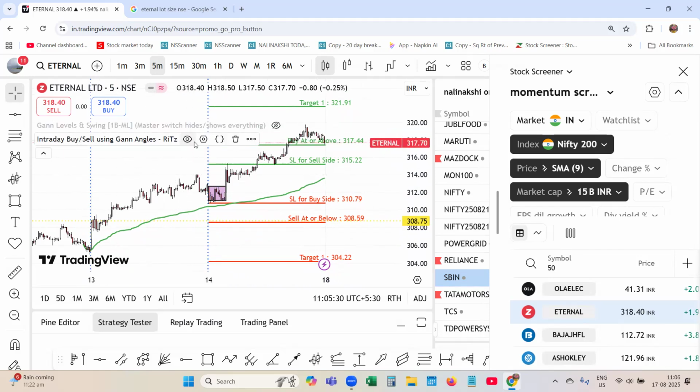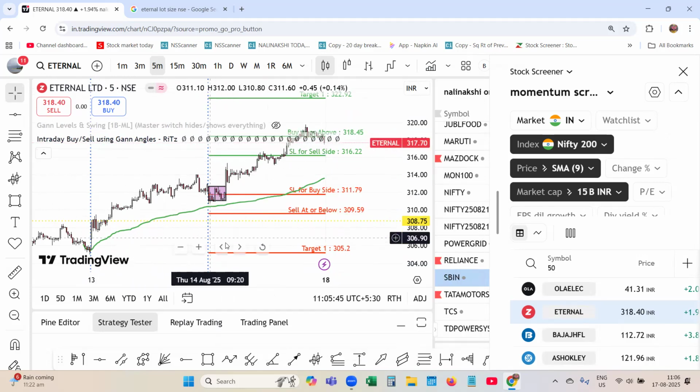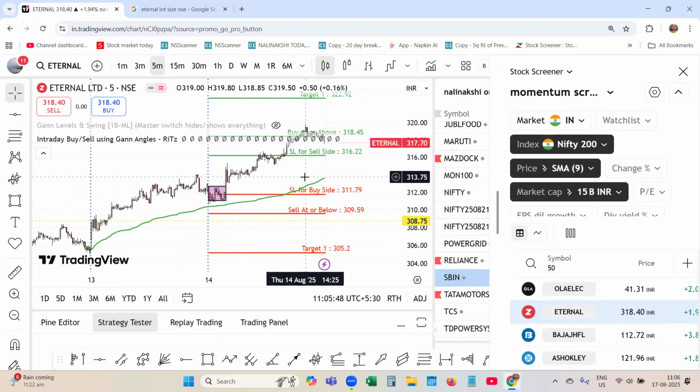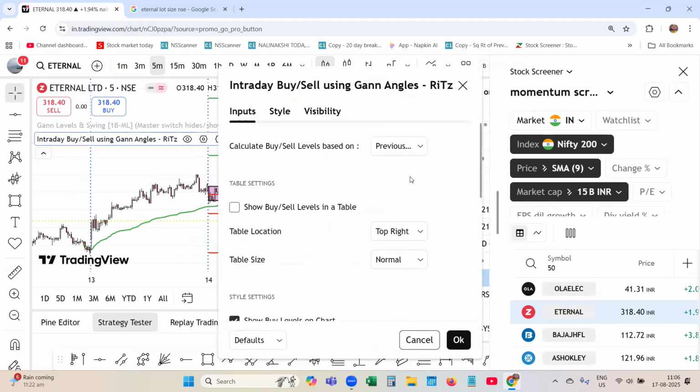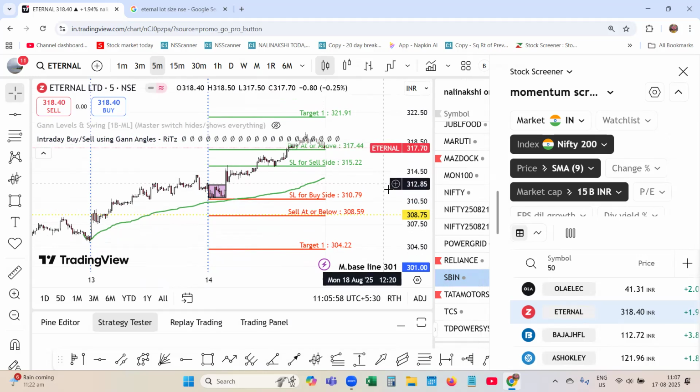Let us go to the indicator section and calculate buy sell based on today's open. You can apply previous day high. If you apply previous day high and low, it gives you changed levels. You can see for that. And with today's open, you are getting these buy and sell levels.